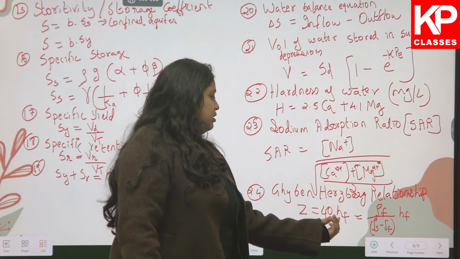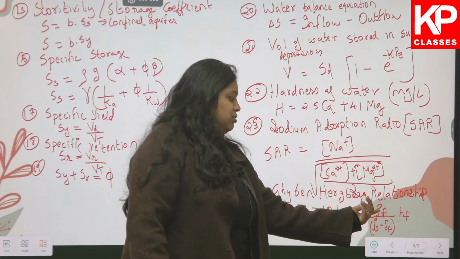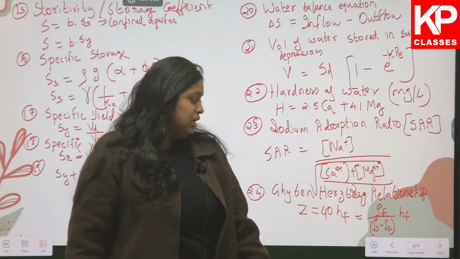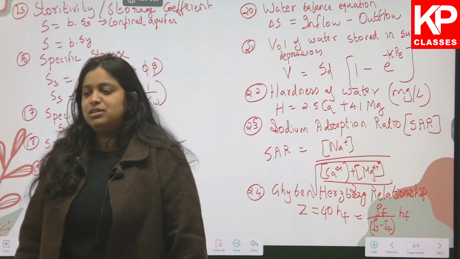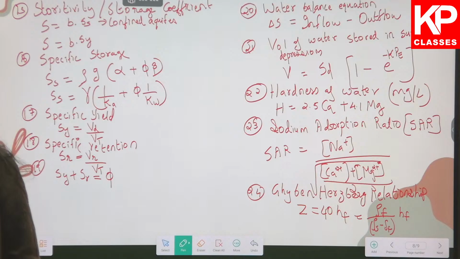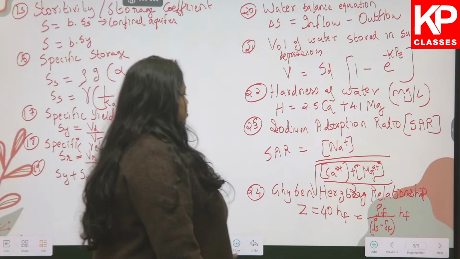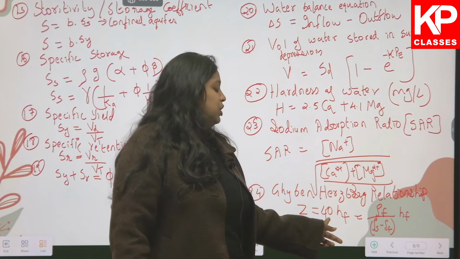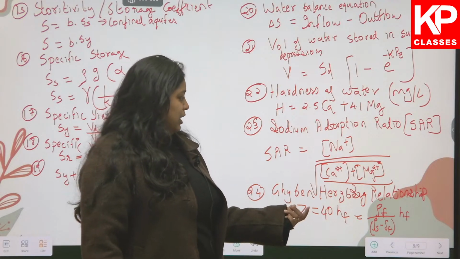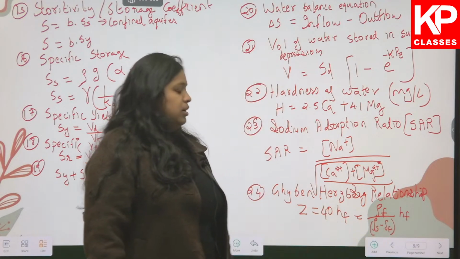If we take the density of fresh water as 1000 and the average saline water density as 1025 kilograms per meter cube, it will be approximately equal to 40. So you can use either this equation or this one.